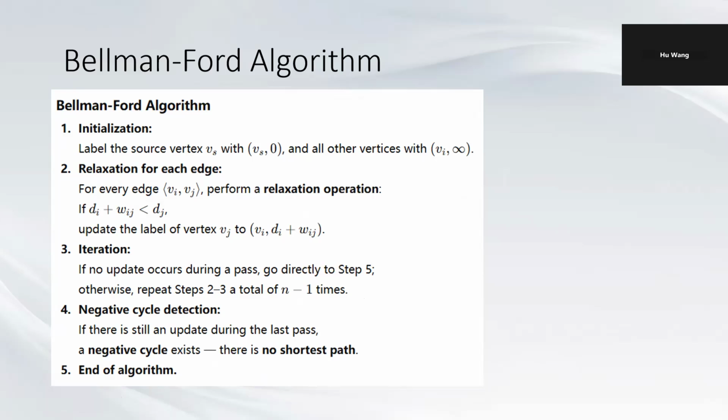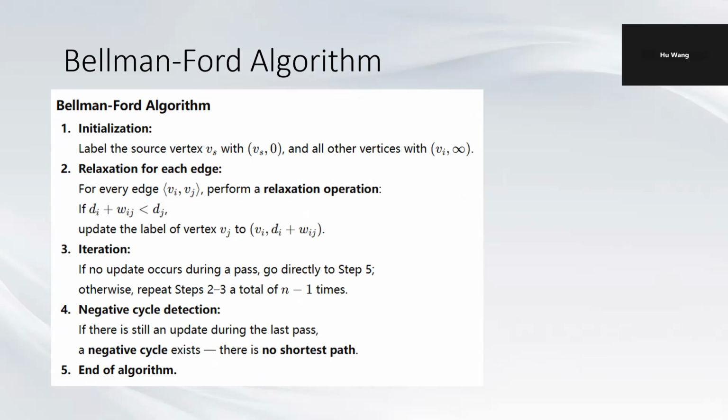We iterate, where n is the total number of points, so we'll loop over n minus 1 times. It will guarantee the algorithm finds the shortest path unless there is a negative cycle. With a negative cycle, if you loop over a sub-loop inside the whole graph, it will continually reduce the distance, which is not reasonable, right?